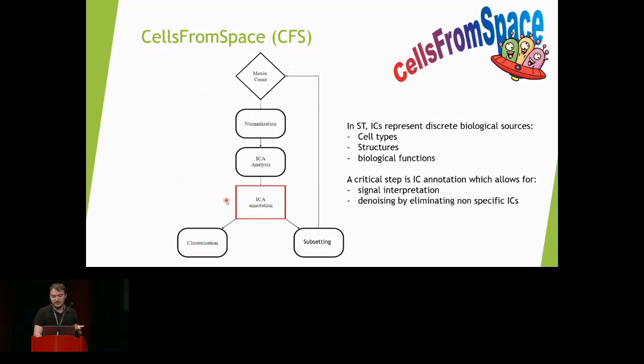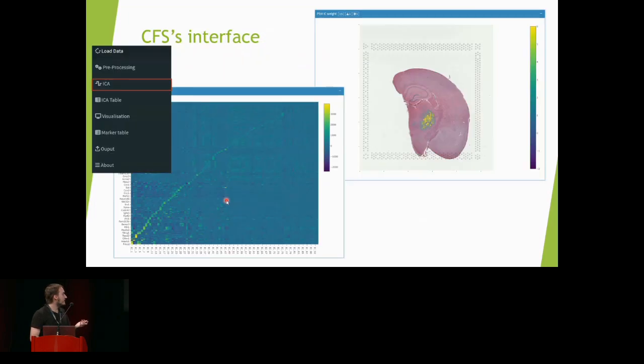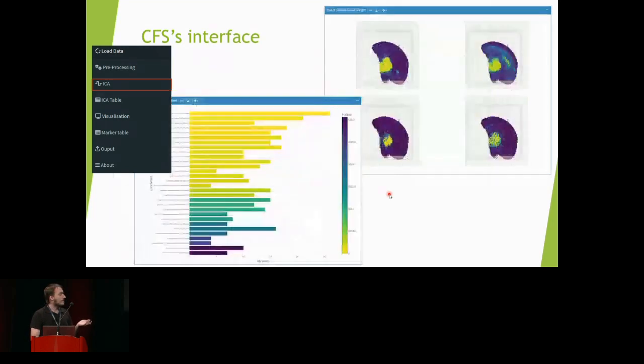The way this tool presents itself is by a recapitulation of all of the ICs with their associated genes, the spatial localization of each of the ICs, and the spatial localization of the genes that are associated with the IC, as well as the list of the genes associated with them, and the enrichment of each of the ICs. All of this will help you annotate and give meaning to those independent components.